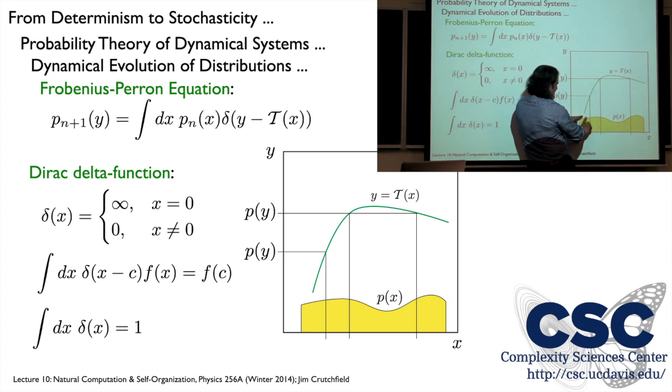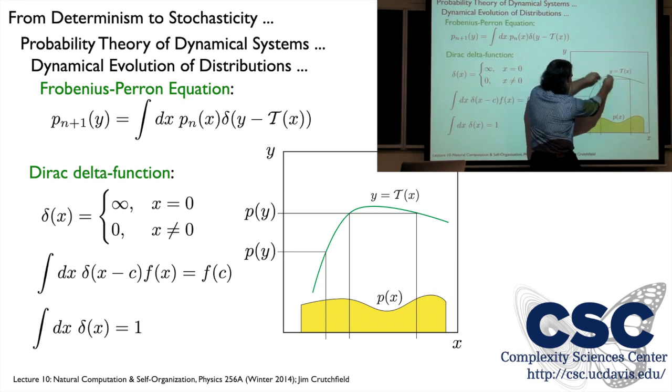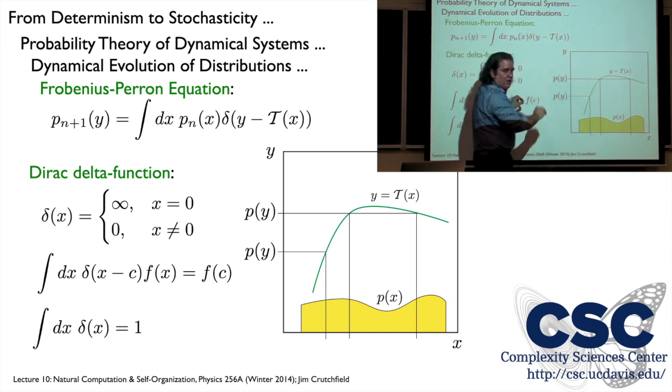Notice that when t is very steep, if I move at unit speed here, in a sense, y is going to be moving faster. So I'm going to take these sample probability amplitudes and spread them out, just like we did before with 1 over the slope. Or if the slope is going to 0, if I move a lot here, y isn't going to move, so the probability masses here are getting piled up, just like we wanted before.